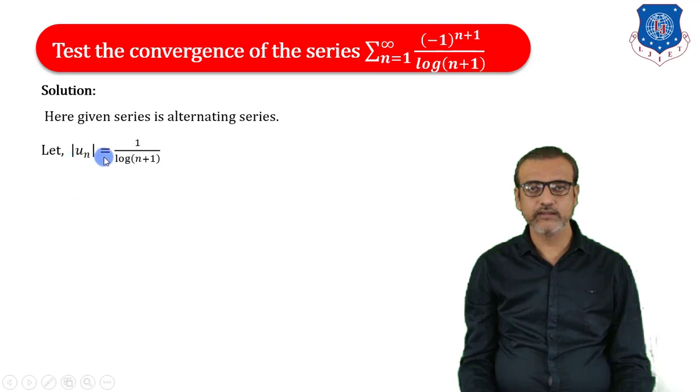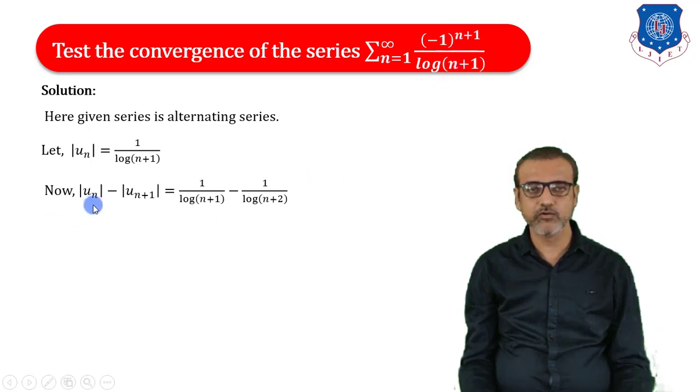Let |u_n| equal 1 upon log(n+1). So it will be a series of positive terms only. For that purpose we are neglecting this term, (-1)^(n+1).